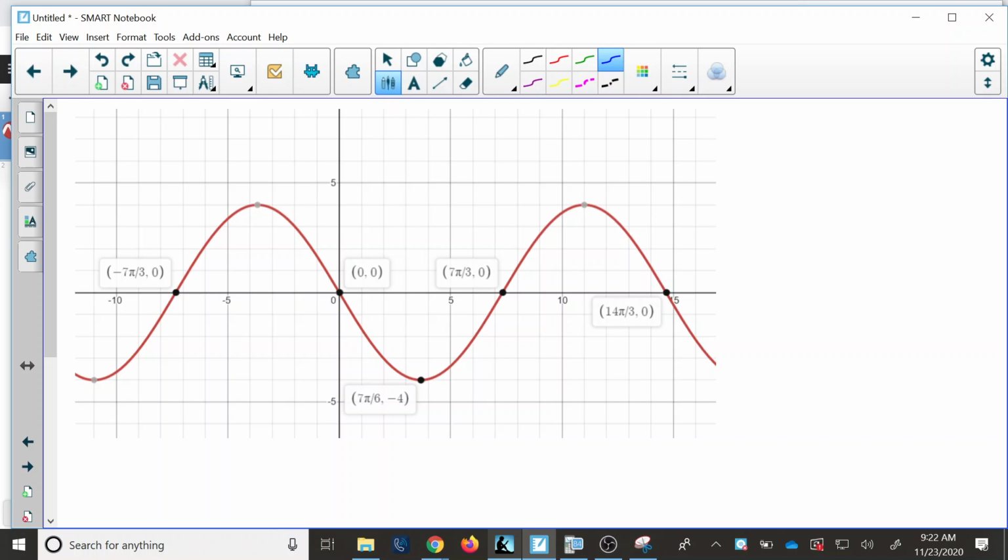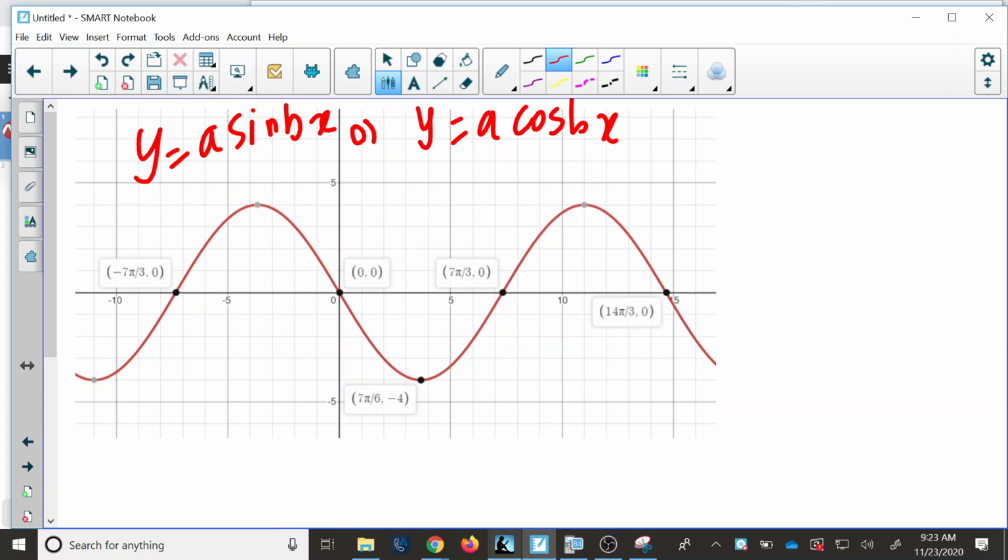Let's do one more question on this. Now, I'm trying to find the equation of this graph as y equals a sine bx, or y equals a cos bx. I know from the question that there's no vertical shift and no horizontal shift, which is phase shift.